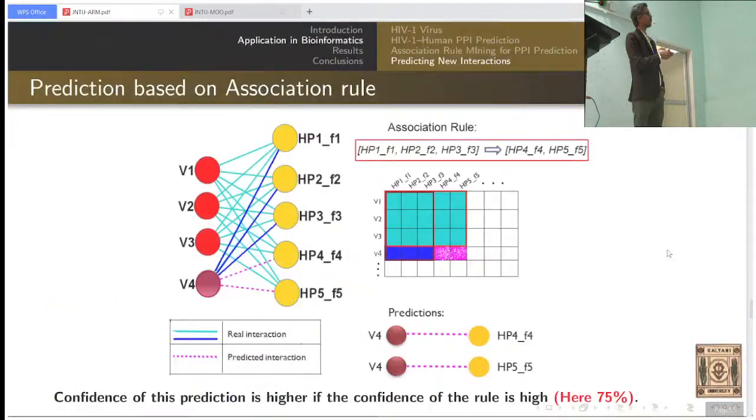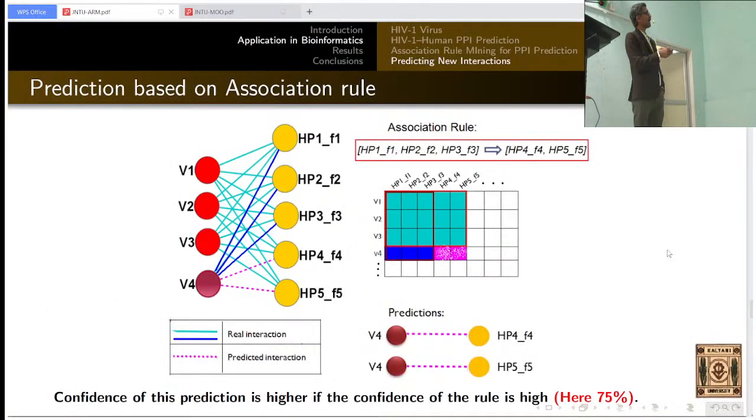Suppose the antecedent of this rule is supported by 4 viral proteins. That means these 3 human proteins interact with these 4 viral proteins with these corresponding annotations. And these are all 5 human proteins with the types of the interactions.